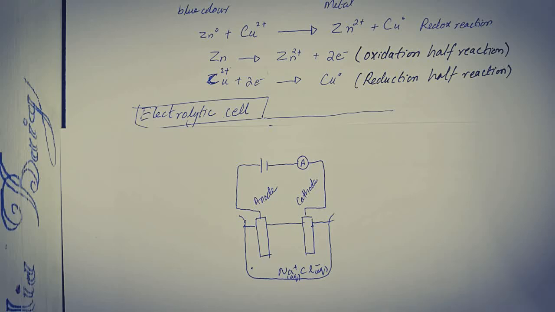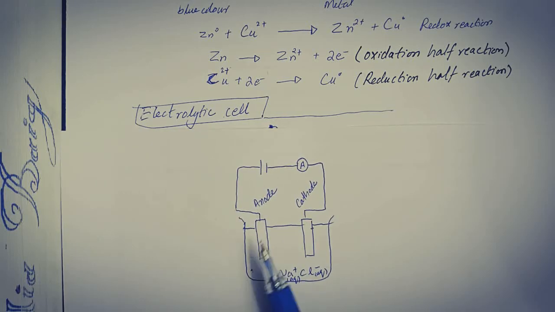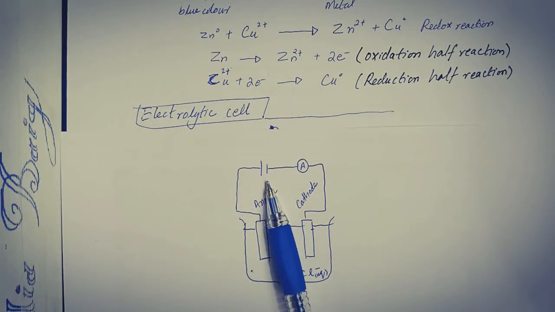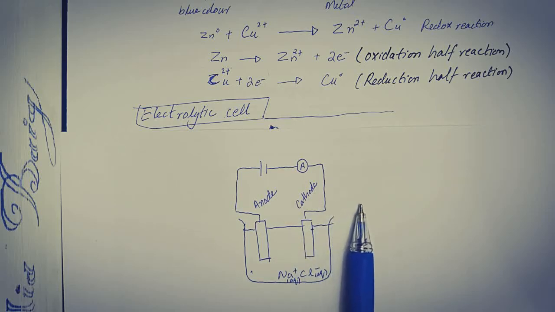Now let's check out another assembly of the cell known as electrolytic cell. This is an arrangement in which electrical energy is being supplied to bring about the electrochemical reaction, that is the redox reaction, and otherwise we can call it non-spontaneous.